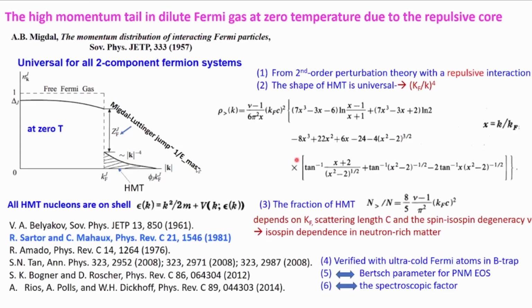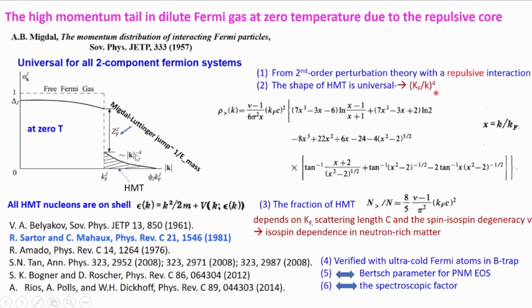I mentioned that at short distance, around 1 Fermi, you start seeing the repulsive core. That repulsive core can also cause a high momentum tail. And this has been studied in detail in many papers since Migdal. People actually derived an analytical expression for this high momentum tail. The expression here looks complicated, but if you take some approximation, looking really far above the Fermi surface, this high momentum tail goes like 1 over k to the 4th power.